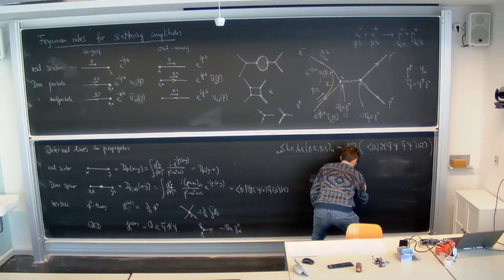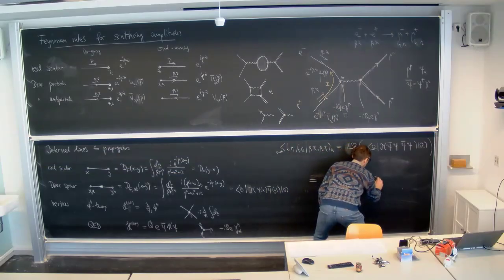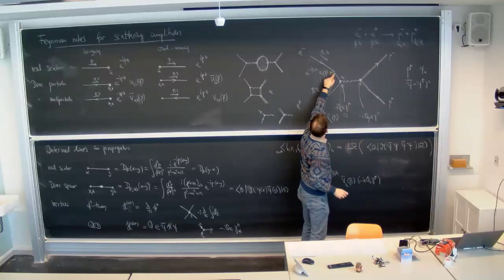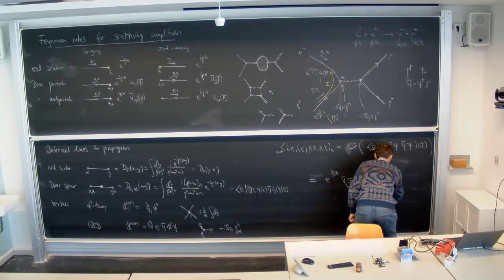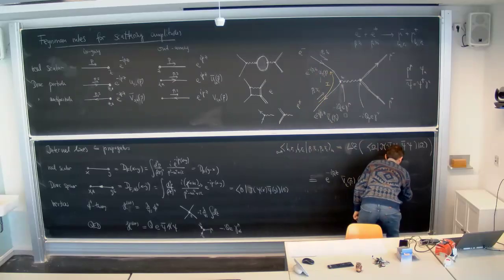Then comes this thing, minus i e Q e gamma, and then I go on with this e to the i p1 z, u s1 p1.